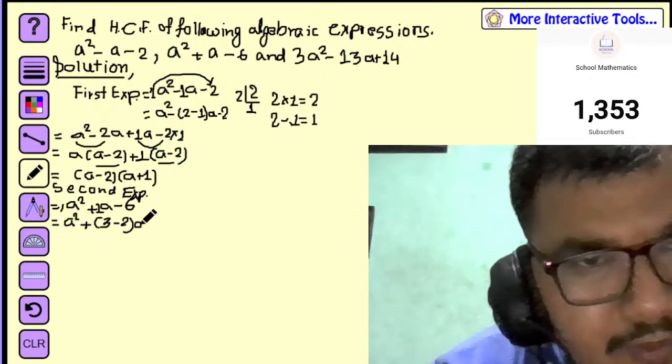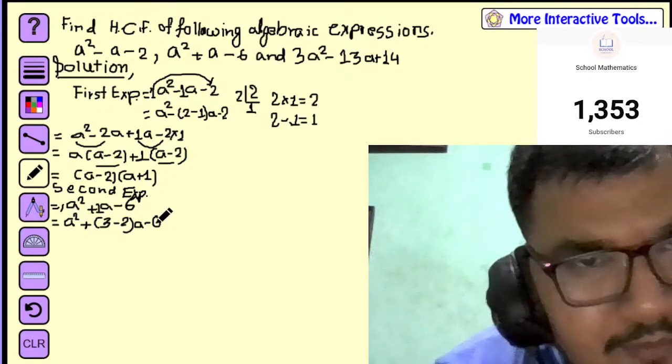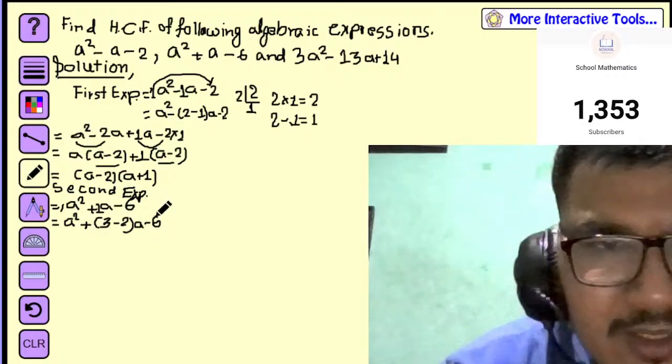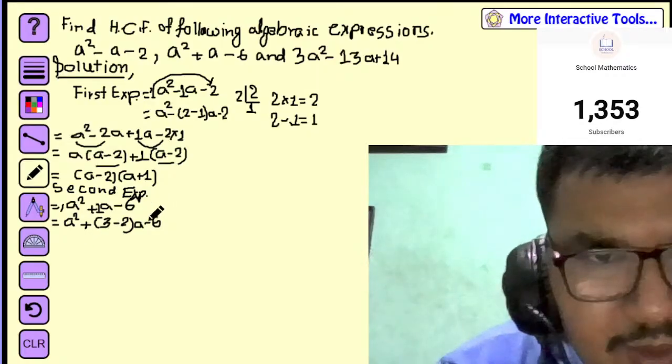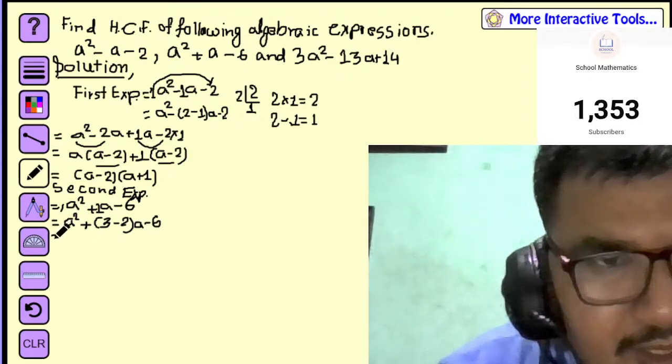That's why in 6 we can write 3 into 2, and this 3 minus 2 is 1. Okay, middle term. Let's remove this bracket now.